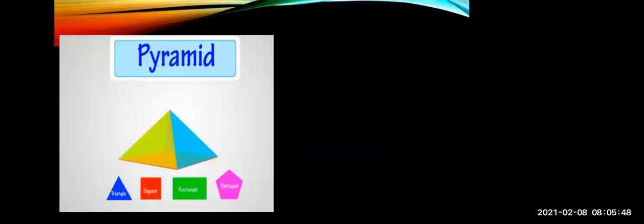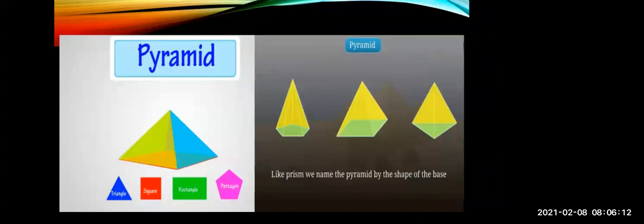Now the pyramid also has, see, the base of the pyramid can be a triangle, can be a square, can be a rectangle, can be a pentagon. So from the base we come to know which type of pyramid it is, whether it is a triangle pyramid, a square pyramid, a rectangle pyramid, or a pentagon pyramid. See, like prism, we name the pyramid by the shape of the base.